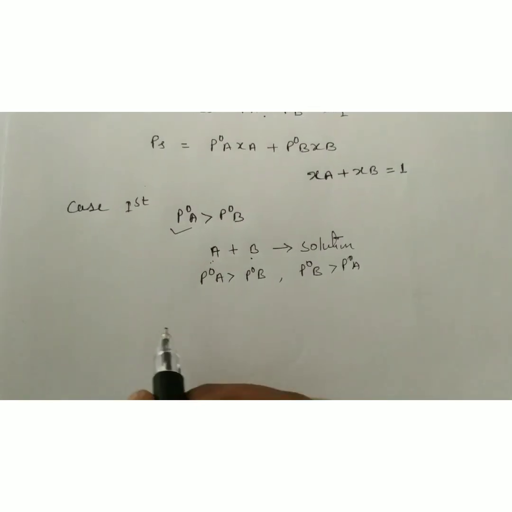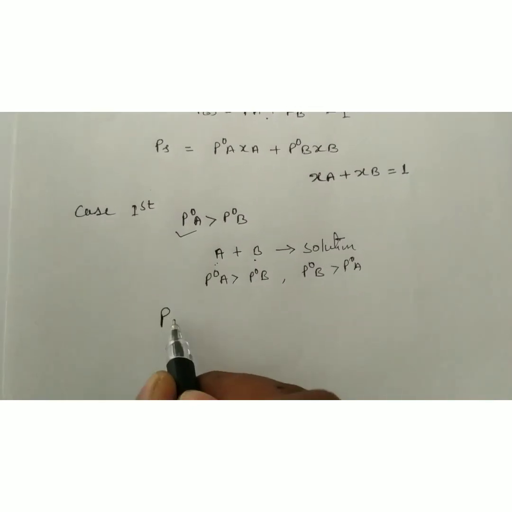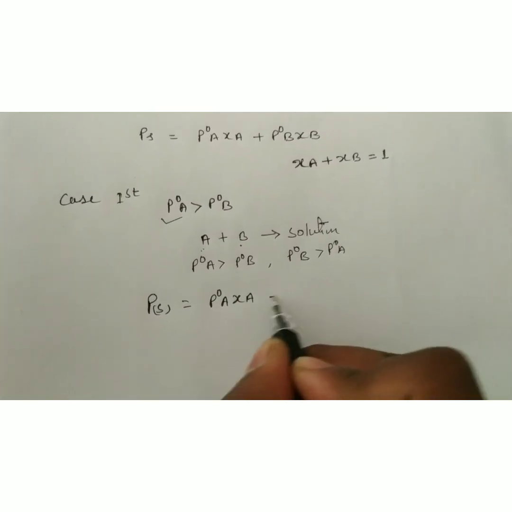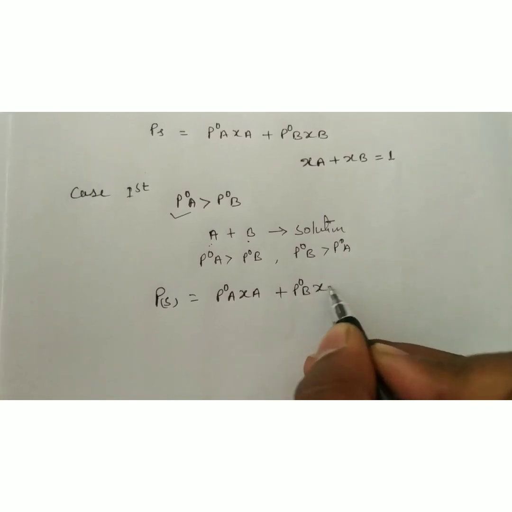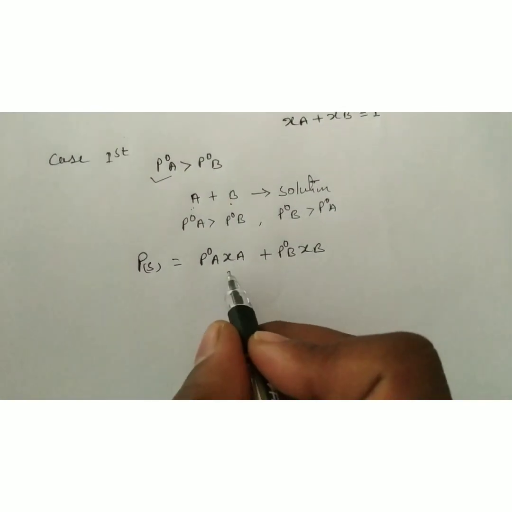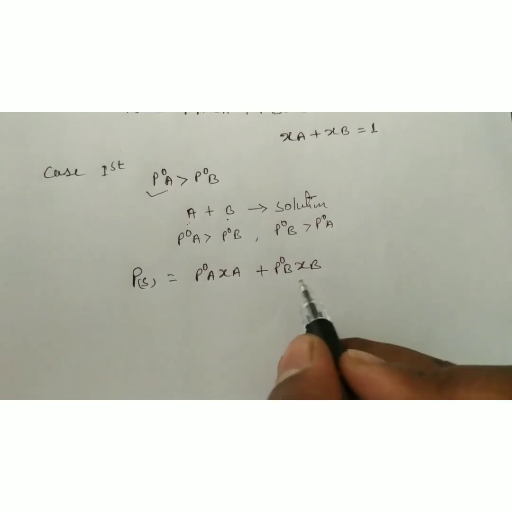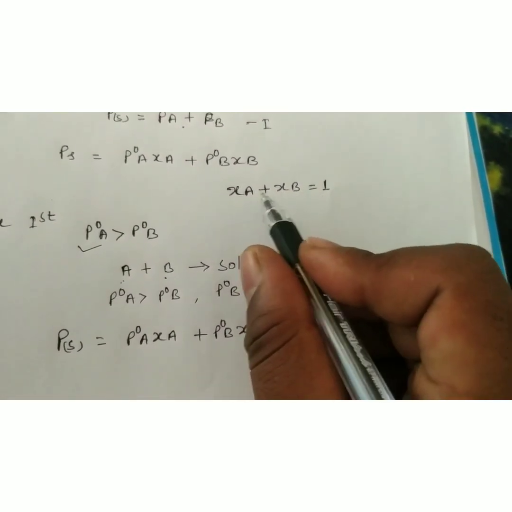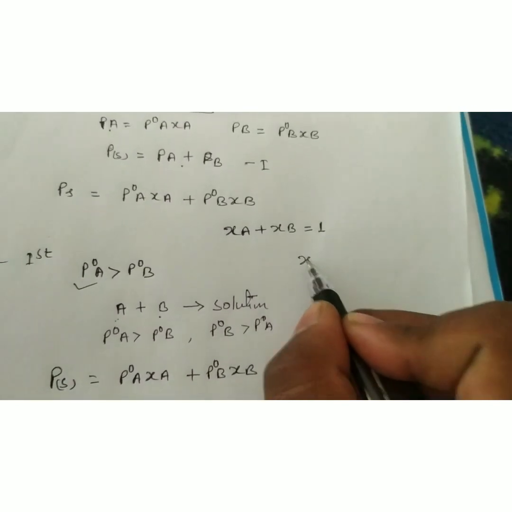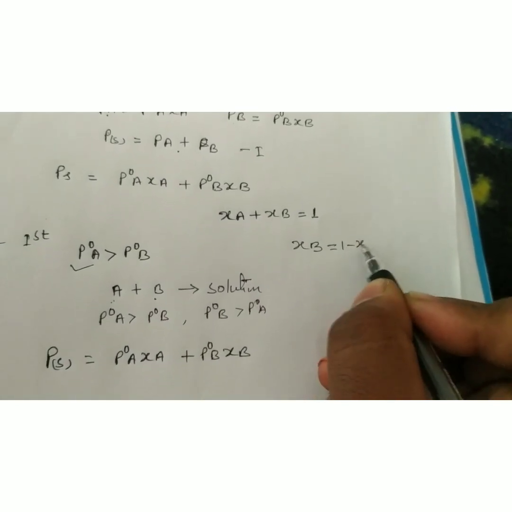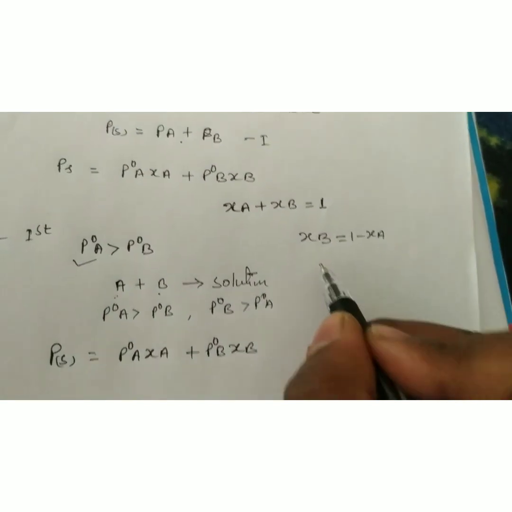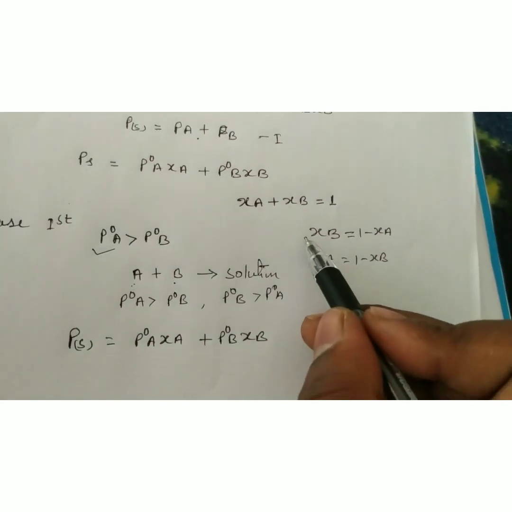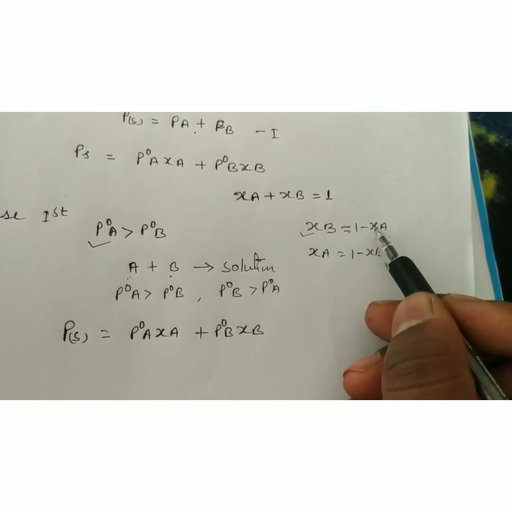Let's consider the total pressure of solution is equal to P naught A XA plus P naught B XB. Now put the value of XB. We know very well that XA plus XB equals 1, so XB equals 1 minus XA, or XA equals 1 minus XB. First of all we will put XB equals 1 minus XA.